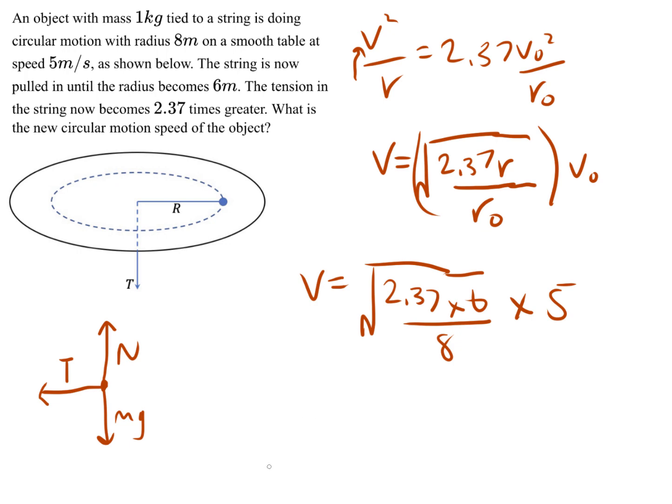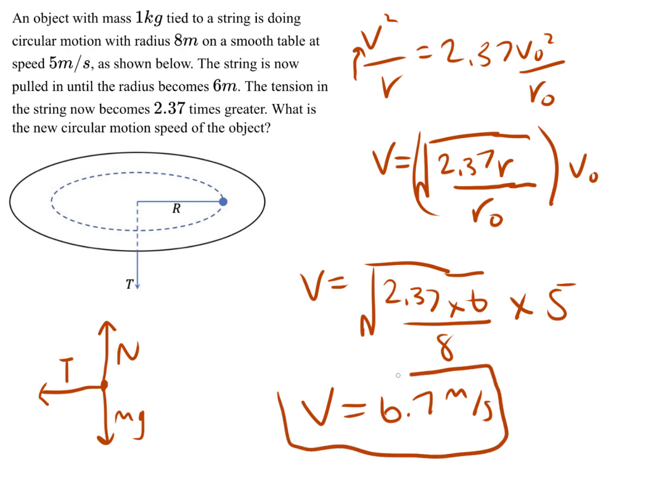And now if you solve this, you should get that the new circular velocity of the object is about 6.7 meters per second. And that is how you would solve this problem.